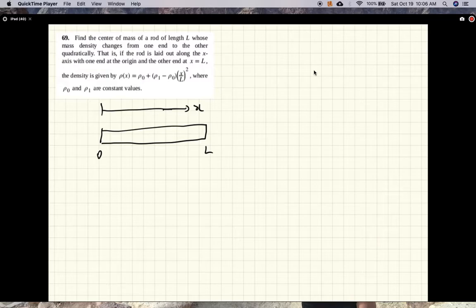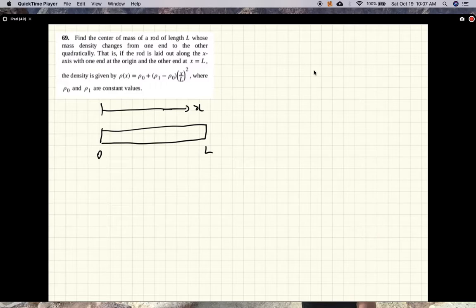But you can see that the density increases, assuming rho 1 is greater than rho naught. The density increases, so the center of mass should be to the right of this. If rho 1 is less than rho naught, then the density is decreasing, and then it should be to the left.